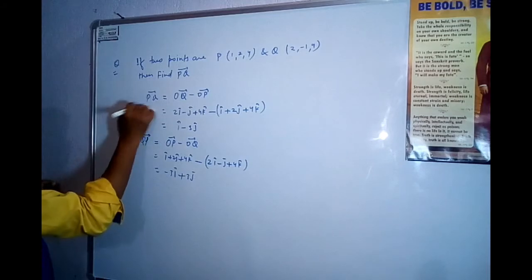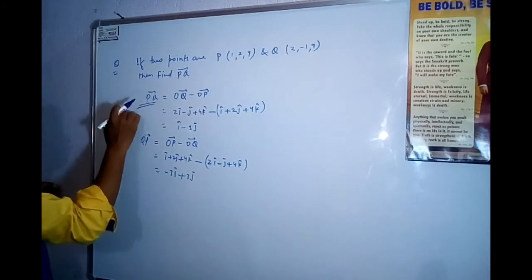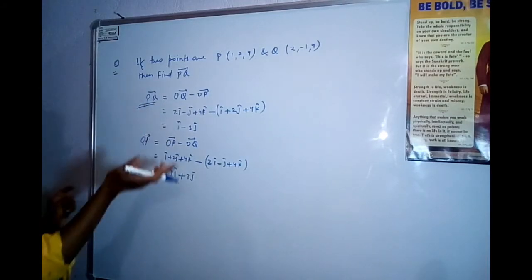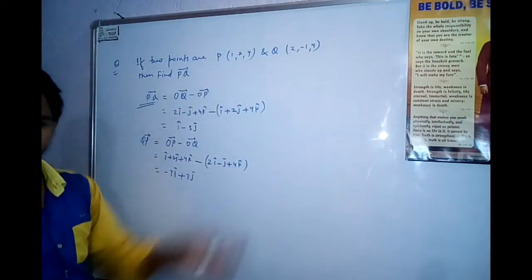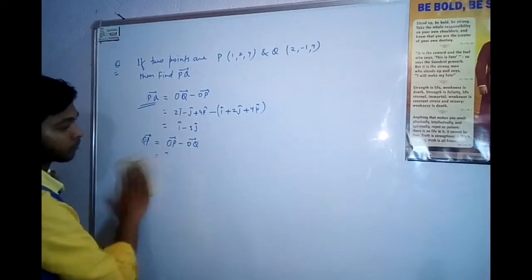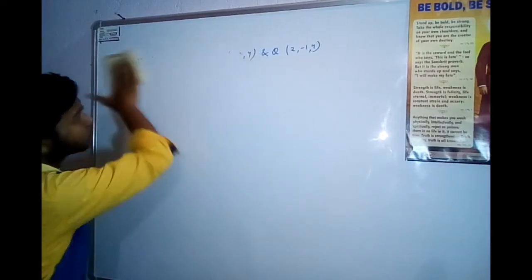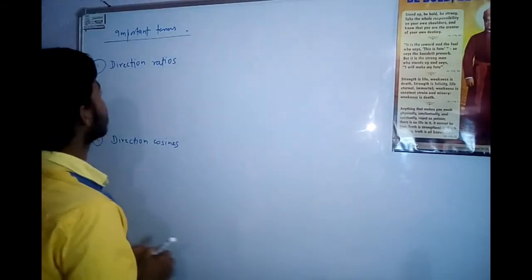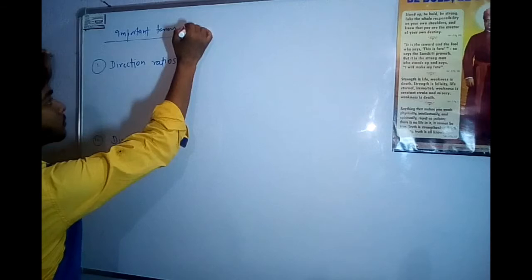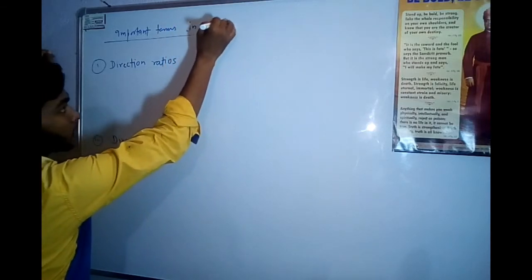This is the method to find a vector when 2 points or 3 points are given. So now important terms in vector.